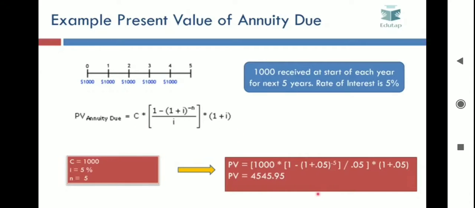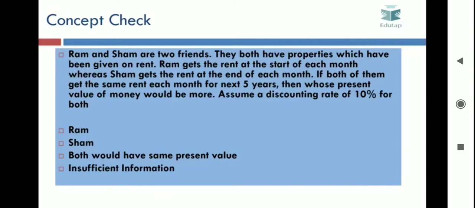And if you solve this, you will get your result, that is the present value of this cash flow is 4545.95. So I hope you can also get the same result and you have understood the present value of annuity due. Let's do a concept check.